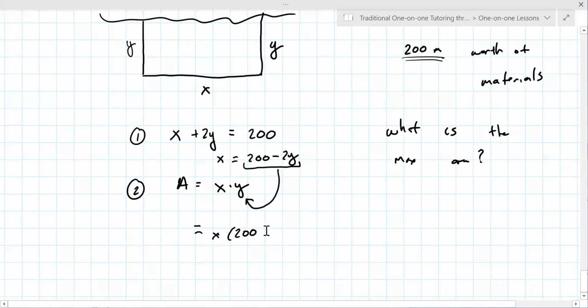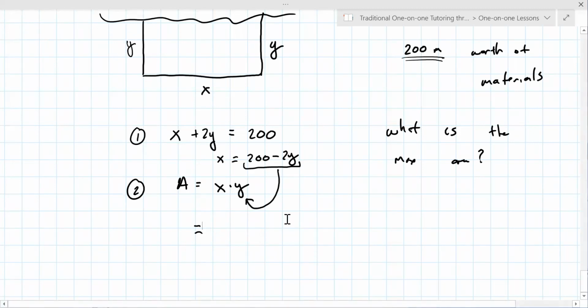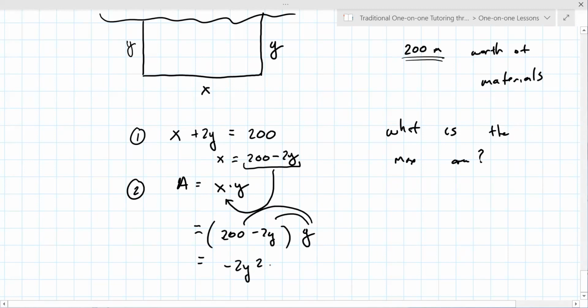I'm sorry, I substituted in the wrong place. So we make this 200 minus 2Y times Y. When you distribute the Y in, you get minus 2Y squared plus 200Y, and that's your area function.